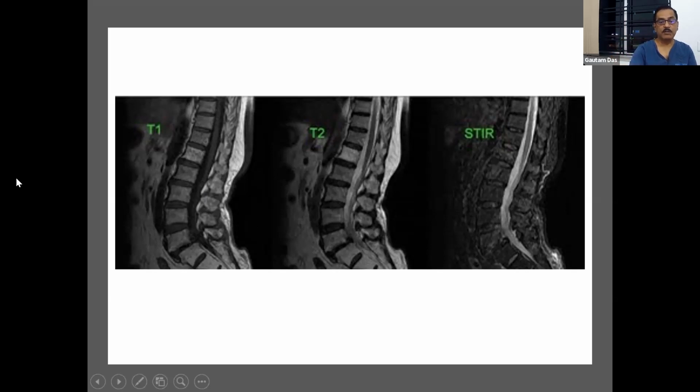So you see, vertebral bodies are not looking that black. Why? Because it has the bone marrow, and in the bone marrow you have a lot of fat. So it is not as white as this, but still it is not black. It is gray, because it still has some marrow fat. But if you compare this, this has more fat. This can be because of the fat, or it can be because of the water also.